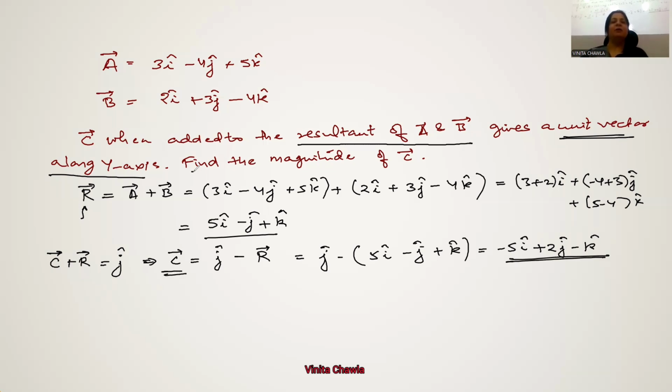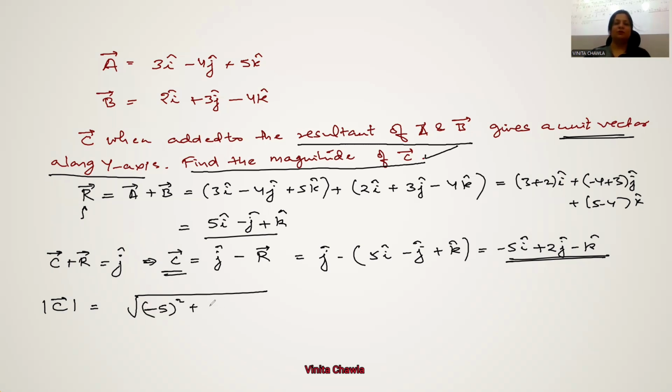Find the magnitude of vector C. This question, what we have to find is the magnitude of vector C. And how do we find the magnitude of a vector? How do we find the magnitude of any vector? We take the square root, and of its components -5, 2 and 1 we take the squares, add them, and then we take the square root. Yes. So -5 square plus 2 square plus -1 square.